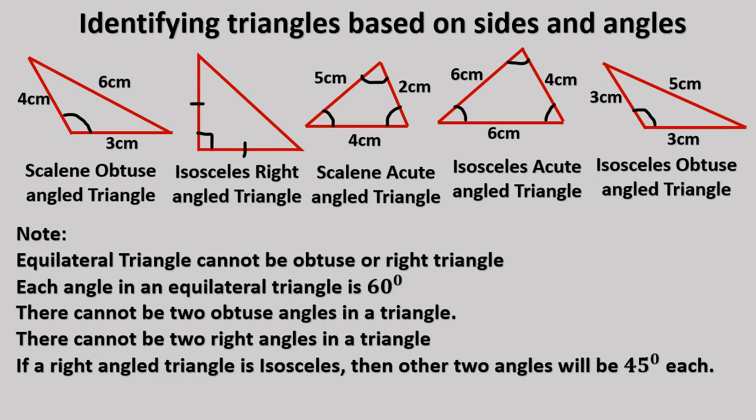If a right angle triangle is isosceles, that means two sides equal, then the other two angles will be 45 degrees each. Just remember this.